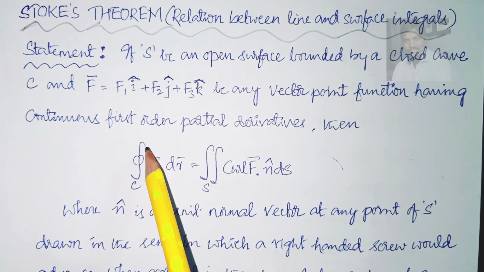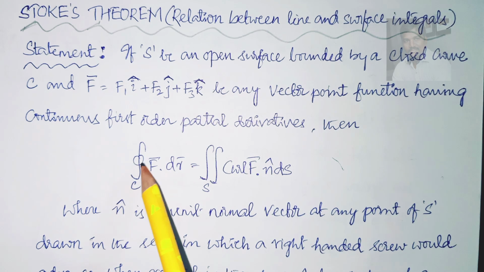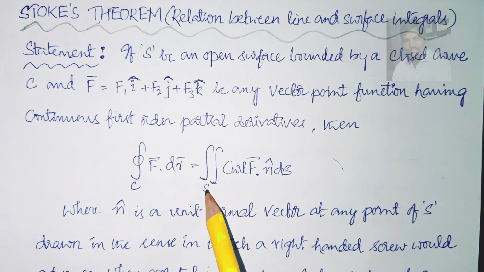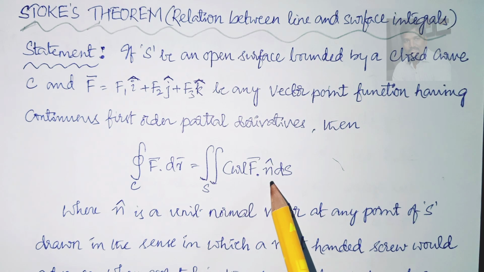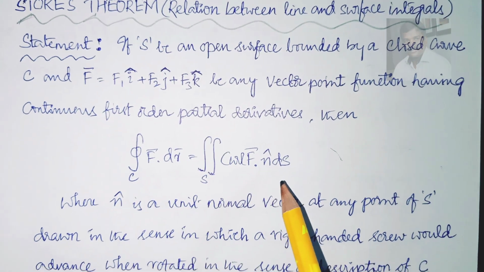The integral over the closed curve, where the circle indicates the curve is a closed one, of F bar dot dr bar is equal to the double integral over the surface S of curl F bar dot n cap ds.